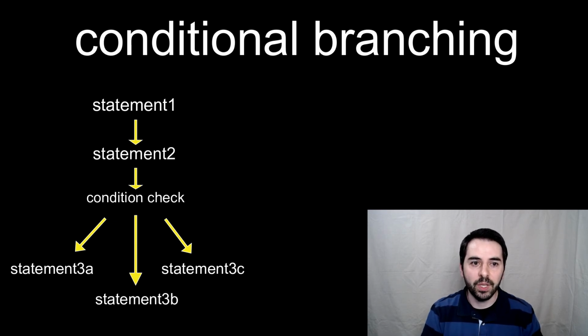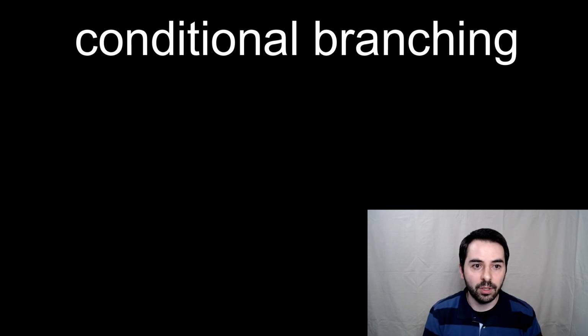Because the program picks one of these paths based on some condition, evaluating the condition and, based on the result of the evaluation, picking the path forward, which is a code path, as we already learned in the previous video.